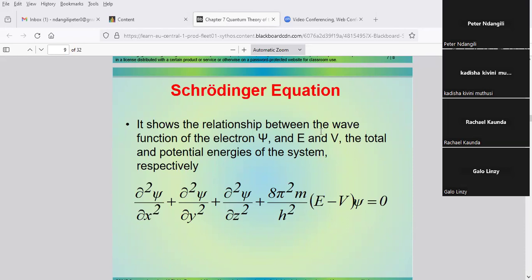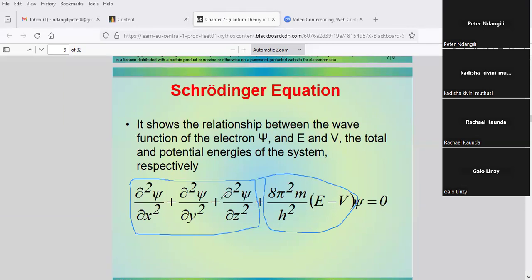If you look at what is happening here, you realize that this section is giving the three directions. So it is giving the X dimension, the Y dimension, and the Z dimension. And here we have the energy term of that particular function.